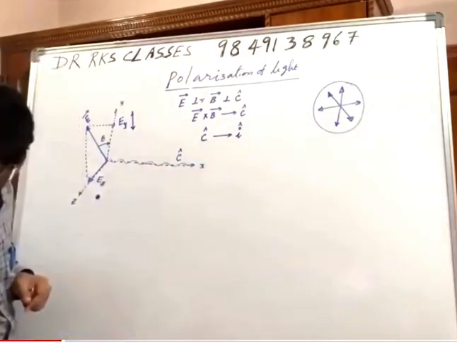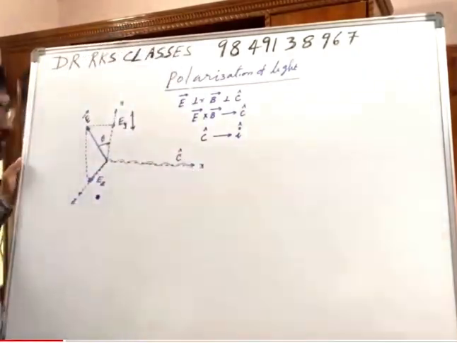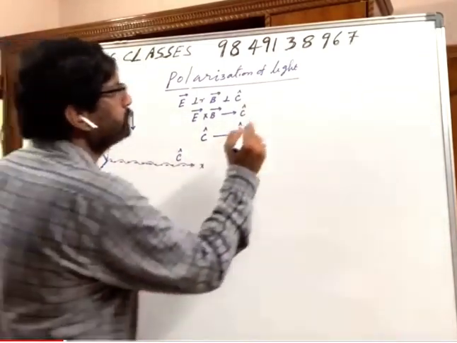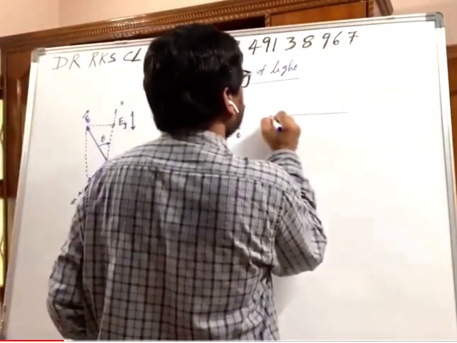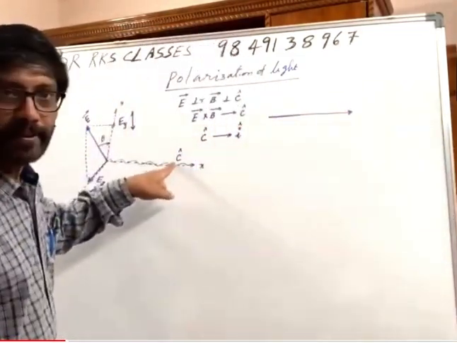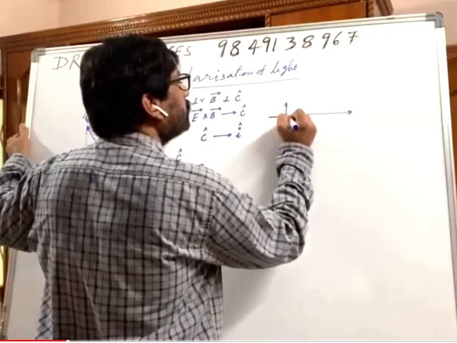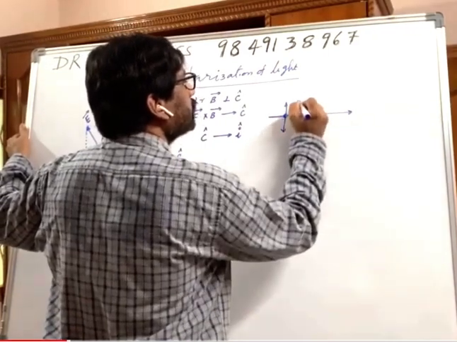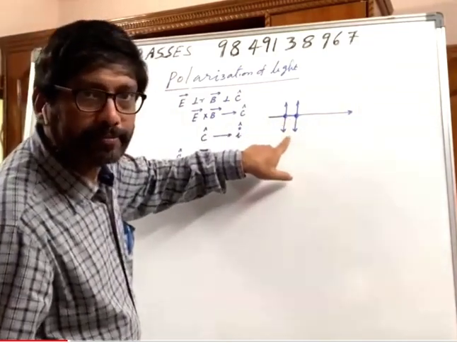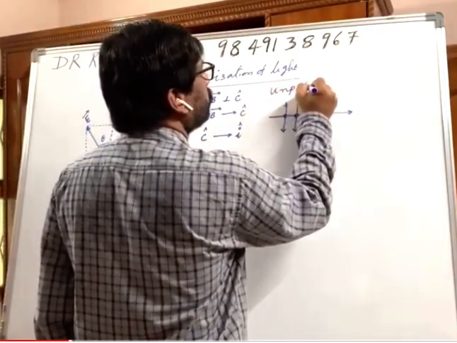Okay. So in representation, if theta varies randomly, both components are present at any instant of time. So if I write this is the direction of propagation ray, nothing but x-axis, both components are there. I write like this. So dot is there, arrow is there. Then it is called unpolarized light.